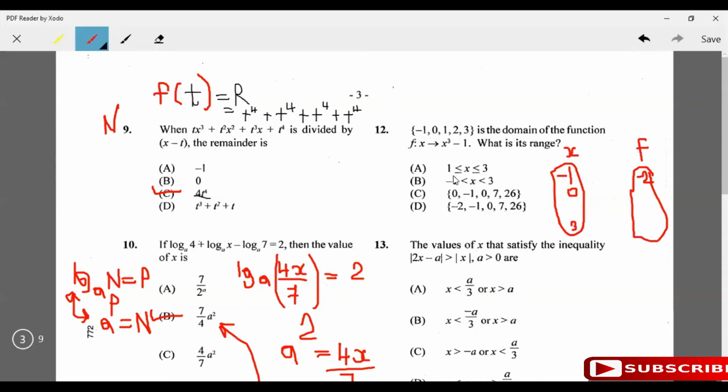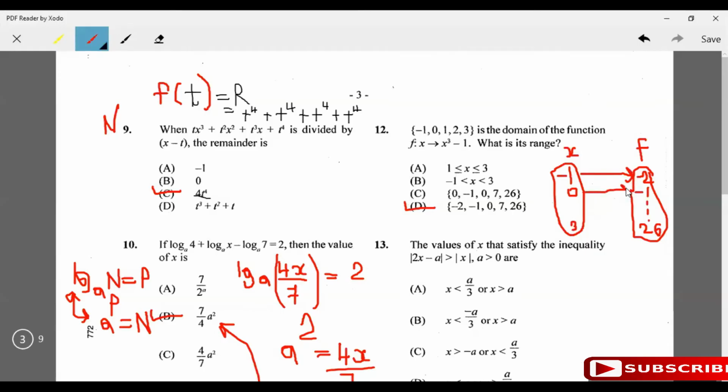When x is 0, you get 0 minus 1, which is -1. And you continue to 3. You put in 3, you get 27 minus 1, which is 26. So the range of values for f is -2, -1, 0, 7, and 26. So all I have to do is just draw your mapping diagram.